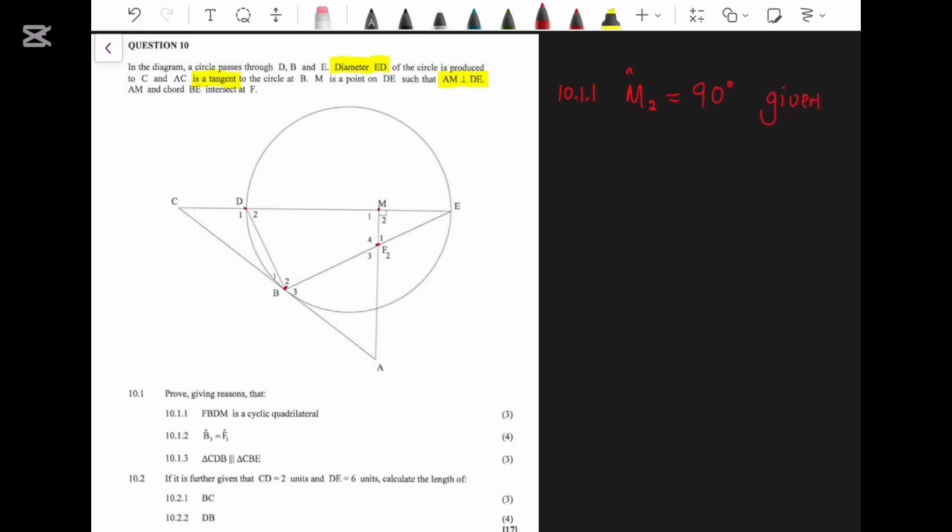We can also see that angle B2 is opposite to our diameter, so it is equal to 90 degrees because diameter will always subtend 90 degrees. We can just say angle in a semicircle, and therefore FBDM is a cyclic quad.